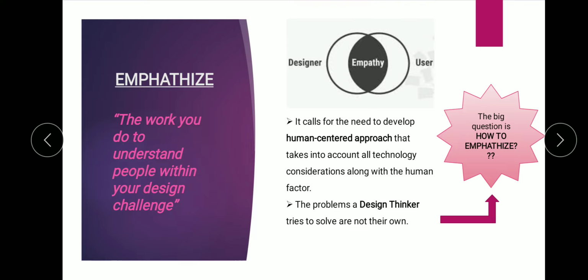As I told you earlier, you need to put your legs into their boots. It calls for a human centered approach that takes into account all the technology considerations along with the human factor. The problems a design thinker tries to solve are not their own. The designer must think of the problems of the user.